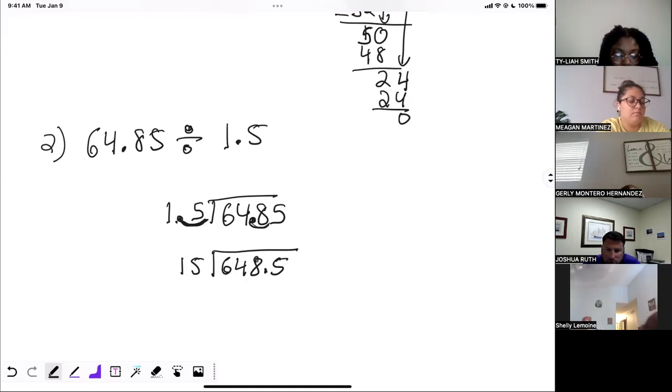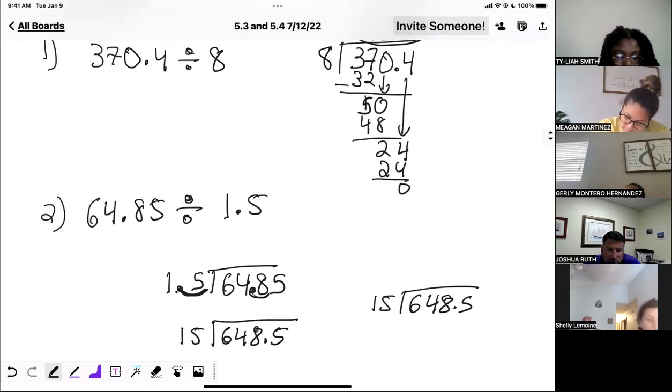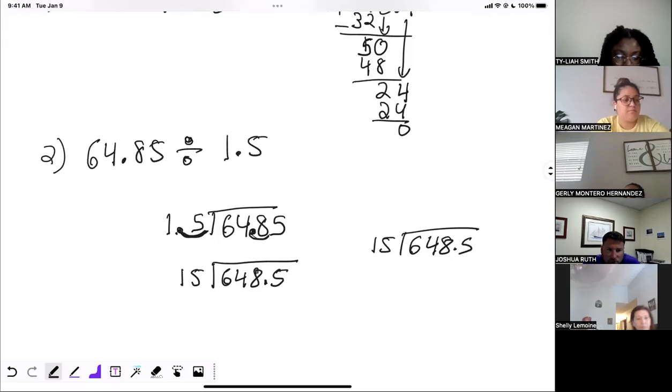And now I can divide. 648.5 divided by 15. Okay, we can't divide 15 into 6, but I can divide 15 into 64, which would be, I think, 4. 4 times 15 is 60, with 4 left. Bring down the 8.